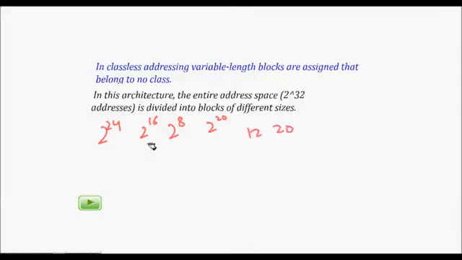You can have a network with 2 to the power of 12 hosts, something around 4000, by having 20 bits for your network and 12 bits for your host ID. This way your network can become a little smaller, and you get the flexibility, which is most important.